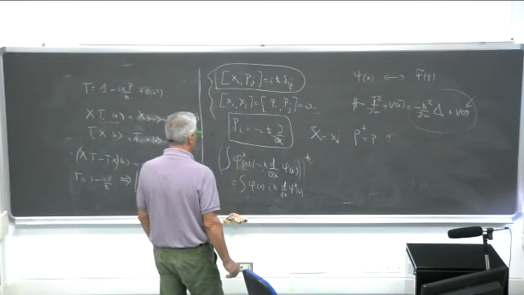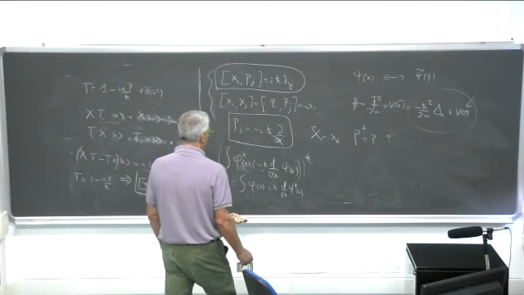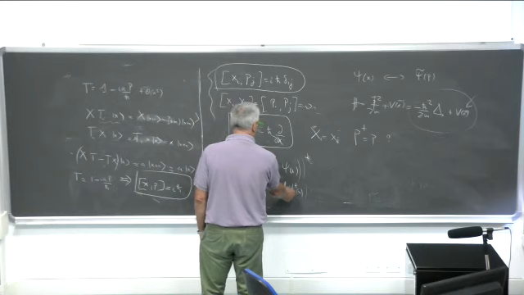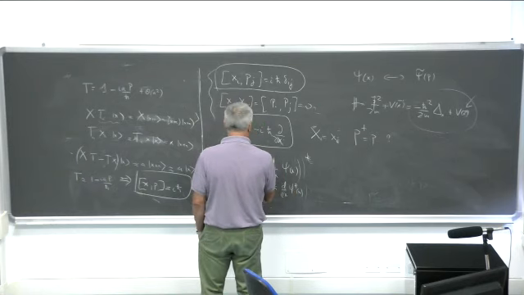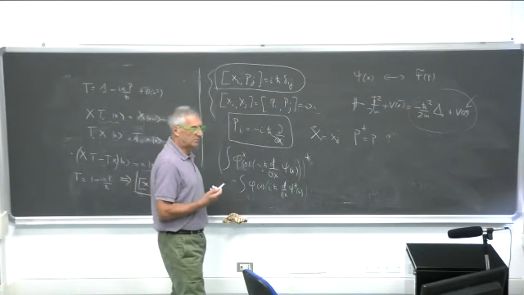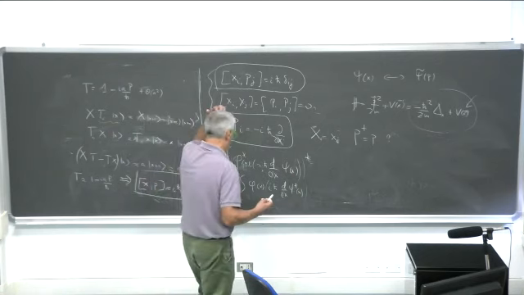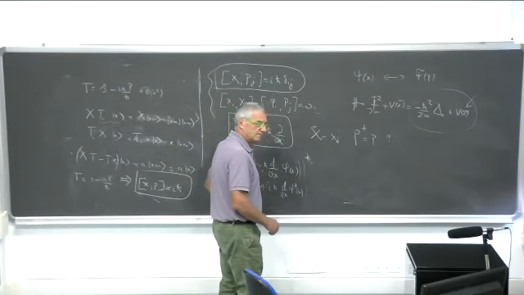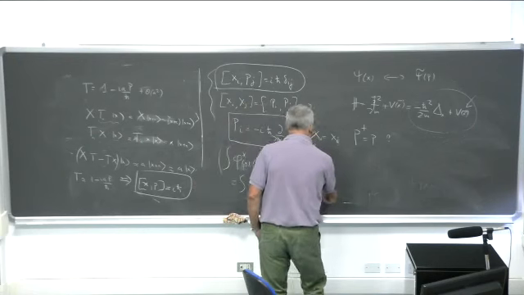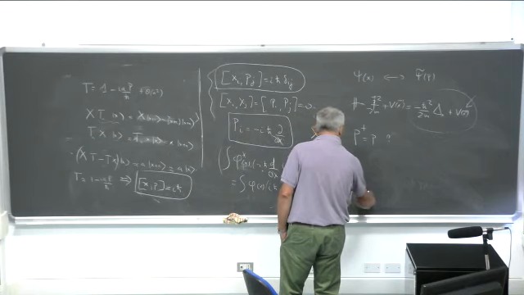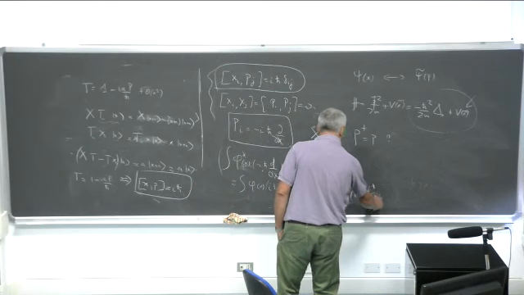But now here the derivative is applied to psi star, and one would like it to be applied on phi. So what is the step to do that? Integration by parts. This is the same as minus i h bar d/dx of phi of x, times psi star of x.